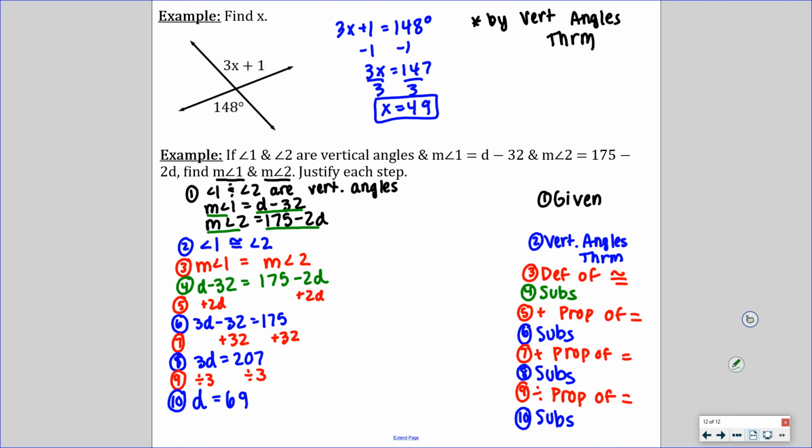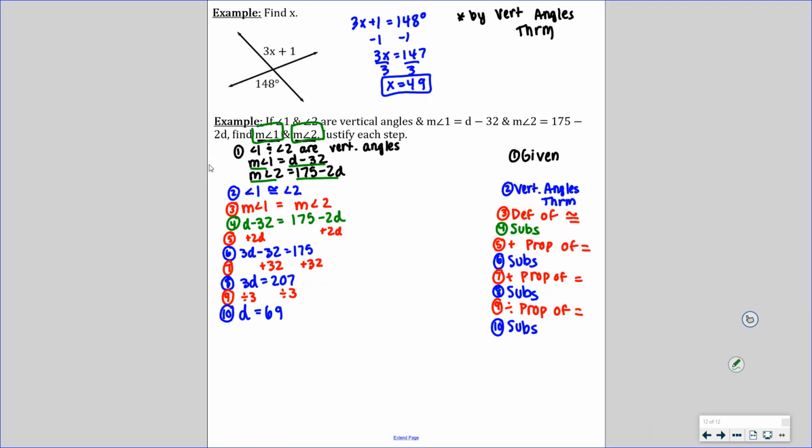But we're not done, because what were we actually trying to find? Measure of angle 1 and measure of angle 2. So my 11th and final step here is to state what the measure of angle 1 and the measure of angle 2 are. Now, you don't have to show your work in the proof, but if you need to show your work here, we know measure of angle 1 is d, which is 69, minus 32.